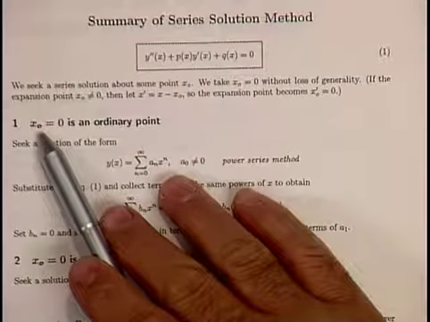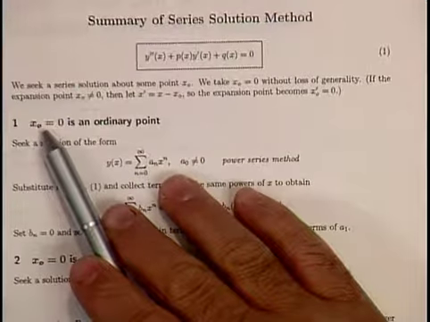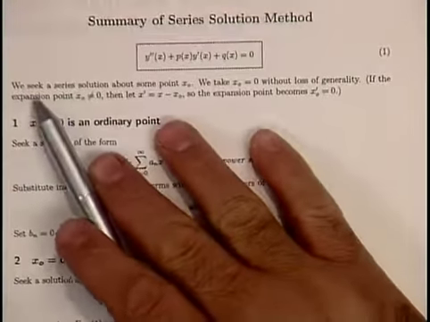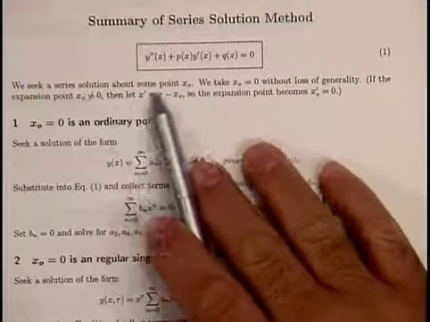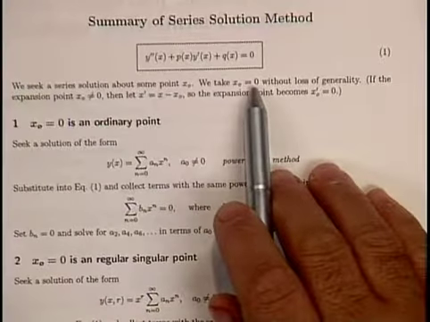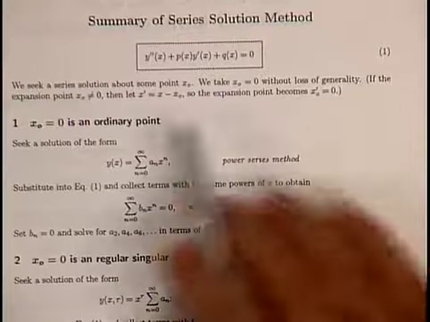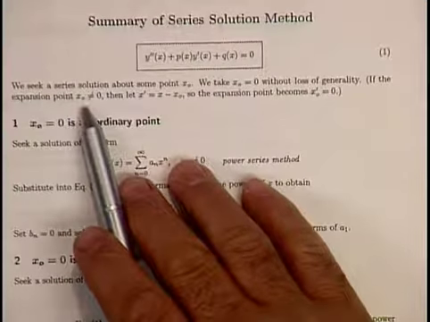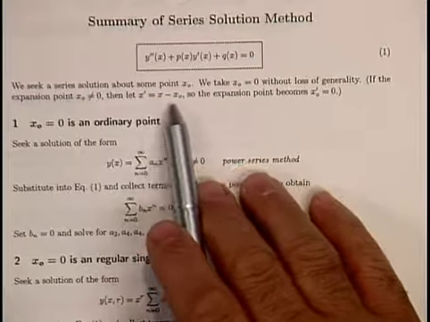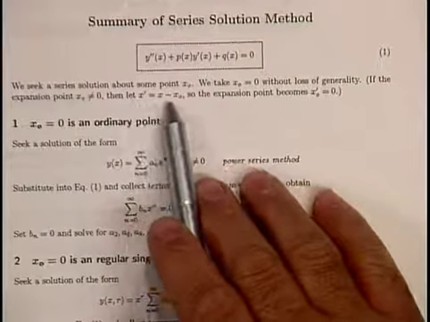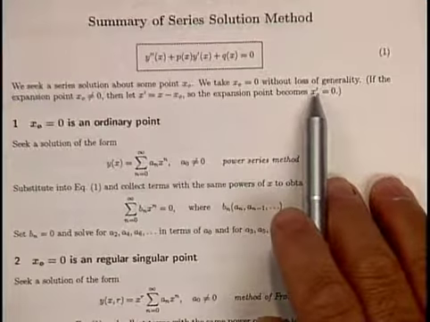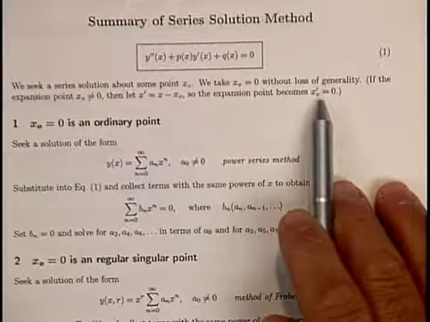The first situation is when x naught equals 0, for example, is an ordinary point. Usually we seek a series solution about the point x naught, where x naught is taken to be 0 without loss of generality. If the expansion is not around x naught equal to 0, we change variable and make x prime equal to x minus x naught, and now the expansion will be around the point x naught prime equal to 0.